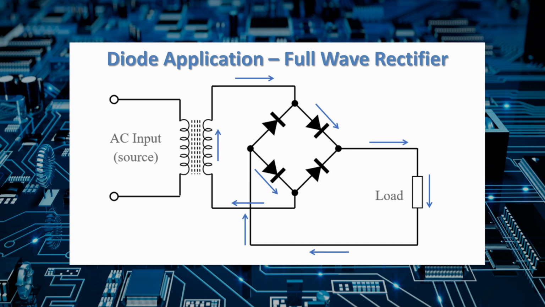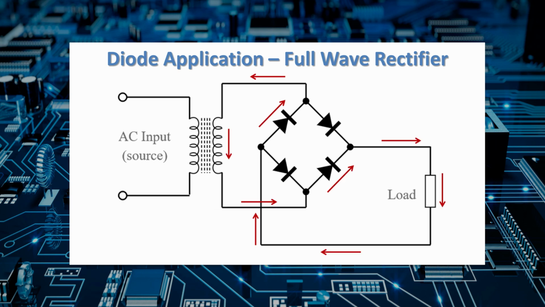Current goes through the first diode, through the load, back up through a second diode, and then returns to the transformer. The bottom half, or negative portion of the sine wave, goes through that lower diode, through the load, back through that upper diode, and returns to the other side of the transformer.